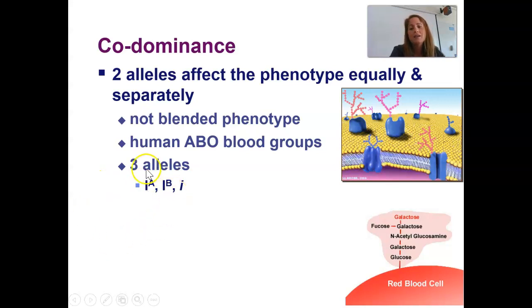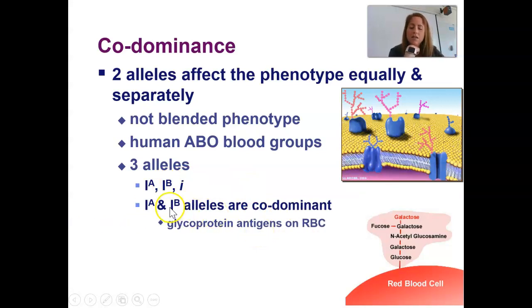In blood type, we have an A allele, a B allele, and an O allele. Notice that we write these a bit differently, and this is just the standard way to write it. So A and B are codominant with each other. But A and B are both dominant to O, and we use a lowercase i for the O.